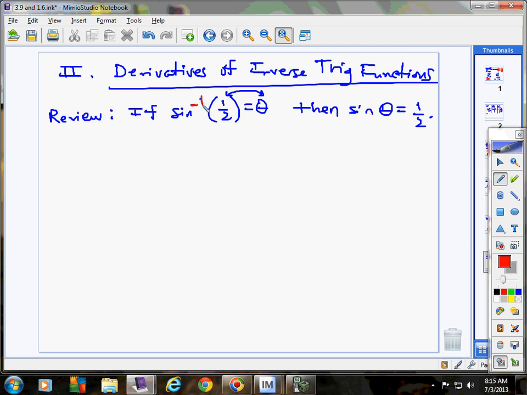So I lose that little inverse notation when I flip-flop my value and my angle. Keep that in mind. We've got to do that in a second.